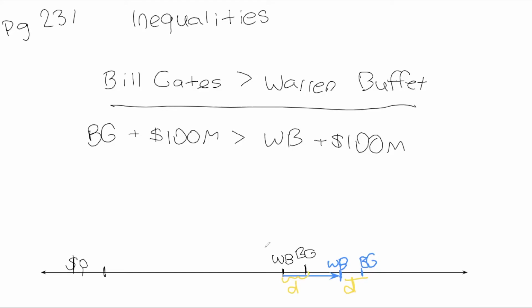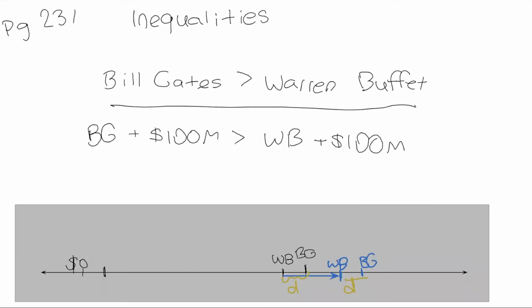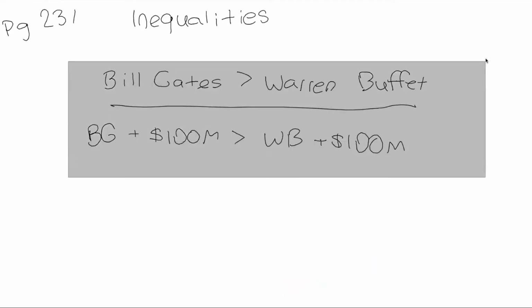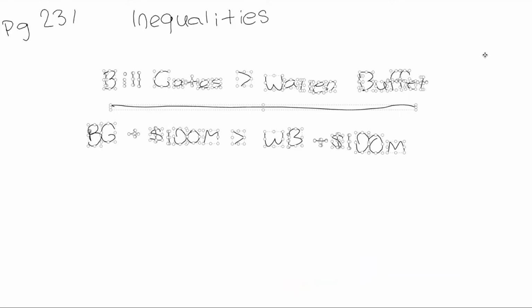But because we know that they both received the same amount, this relation is still going to be true. So we know that when we add the same amount to both sides, if the original statement is true, then the second statement is definitely going to be true also.